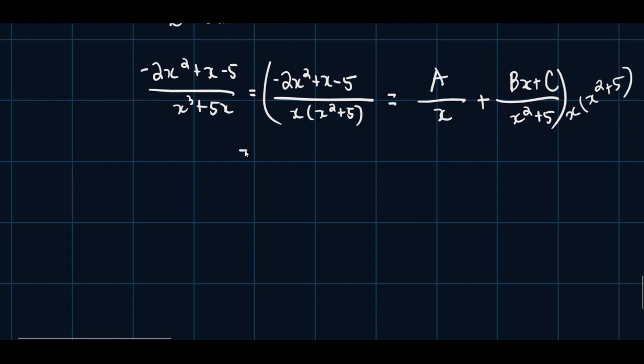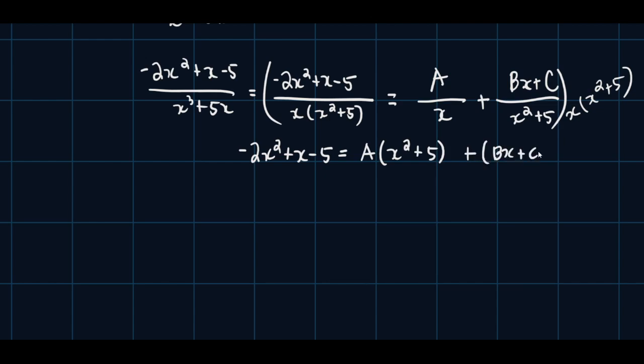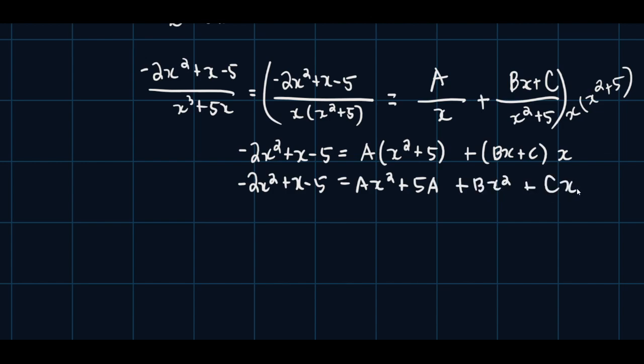This will result to negative 2x squared plus x minus 5 equal to a times x squared plus 5 plus bx plus c times x. So we have negative 2x squared plus x minus 5 equal to ax squared plus 5a plus bx squared plus cx.